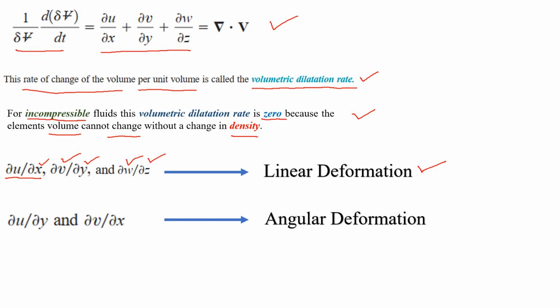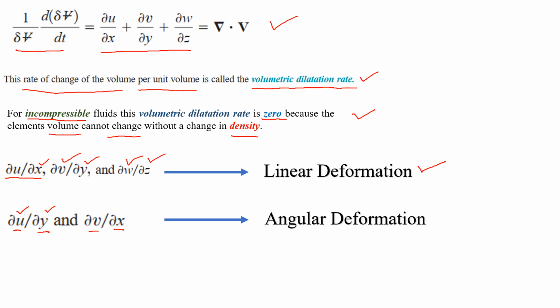But what if the velocity changes along an axis other than the one its component is in? What will happen? In this case, the u velocity, that is the x component of velocity, is changing along the y axis, and the y component of velocity, that is v, is changing along the x axis.